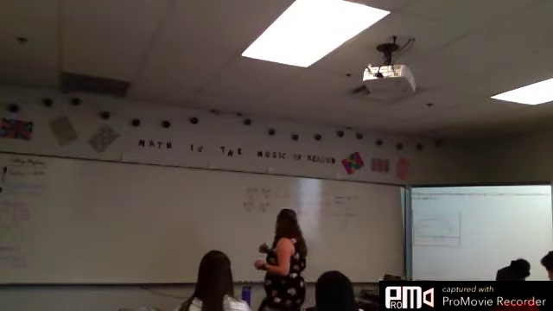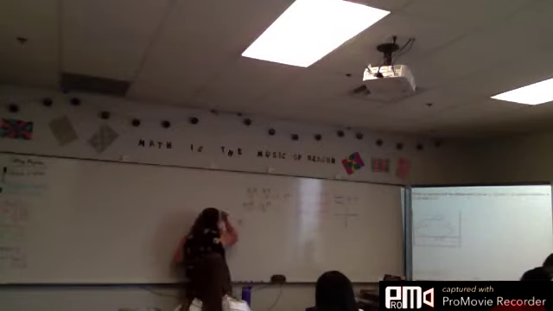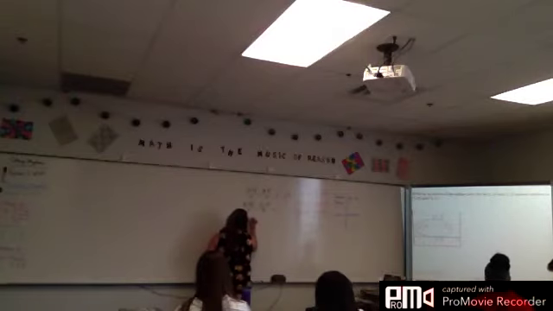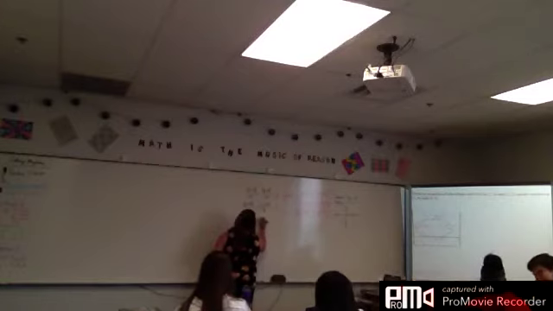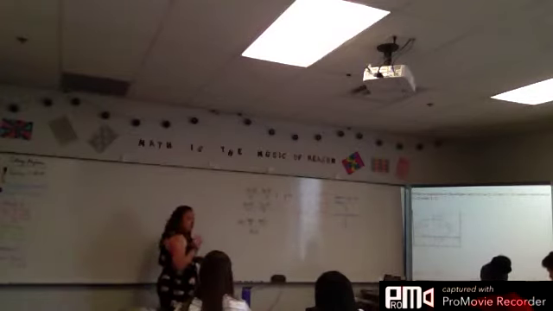How do you find a midpoint? You add the x's over 2. 4 plus 4 over 2 equals 4. 4 plus 0 over 2 equals 2. So I get 4, 2 as my h and my k.